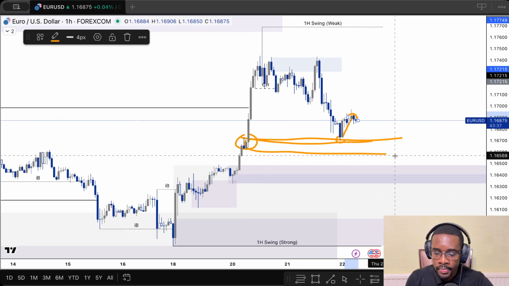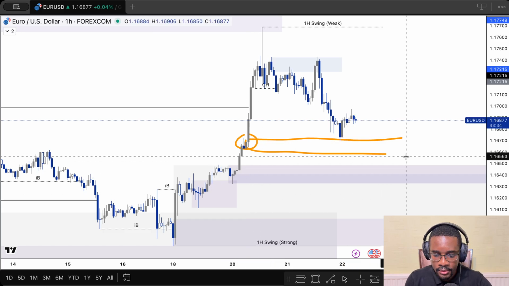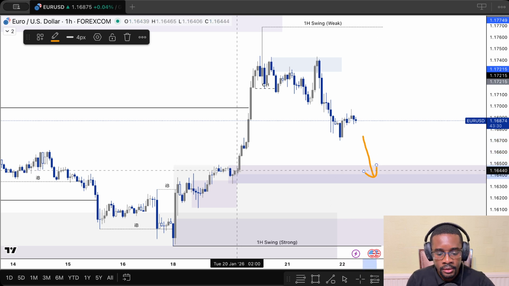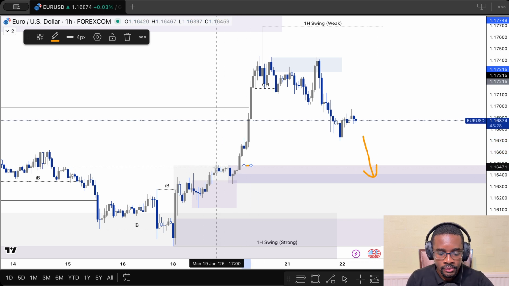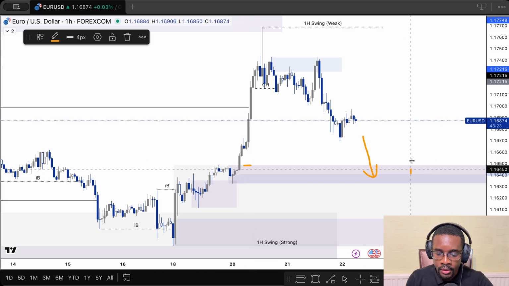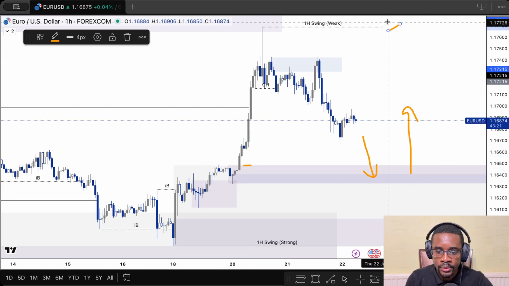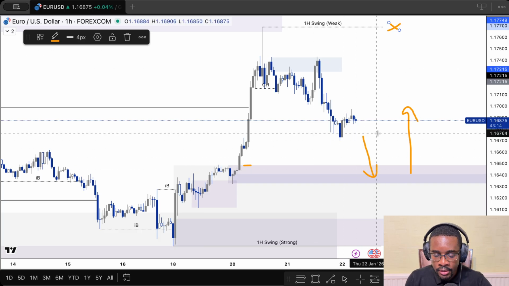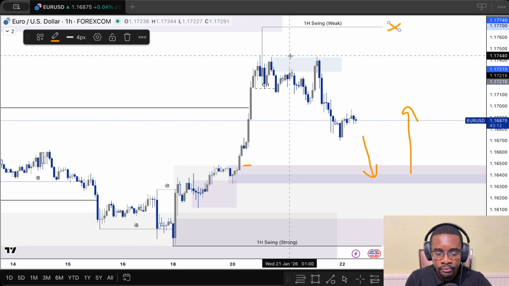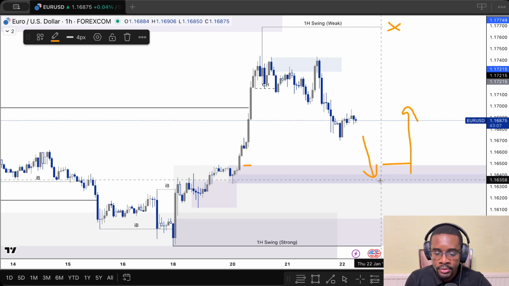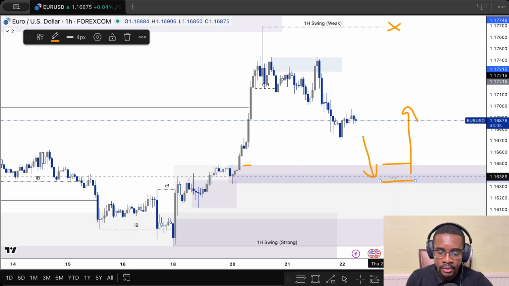However, ideally I would love to see price come and mitigate at least this daily or nested 4-hour and 1 hour area, in order to start looking for longs towards this week's swing high. So pretty much everything is bullish. In the meantime, of course, we're in a pullback phase, so we can only wait until price mitigates or reaches these nested POIs.